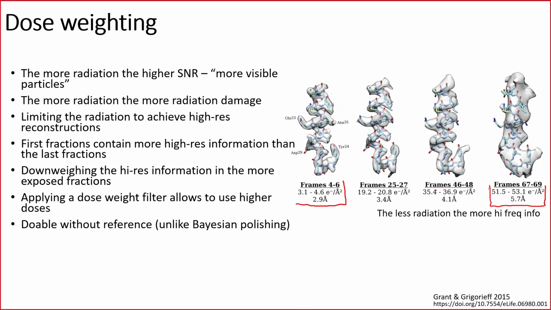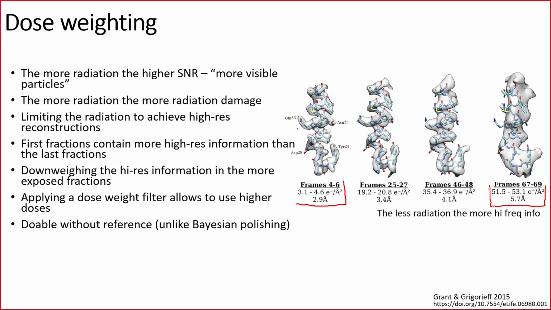And what they know is that in frames 4 to 6, the irradiation was only 3 to 4.6 electrons per square angstrom, whereas because of the continuous irradiation, by the end of the acquisition in fractions 67 to 69, the total irradiation of the sample was already 51 to 53 electrons per square angstrom of the specimen.